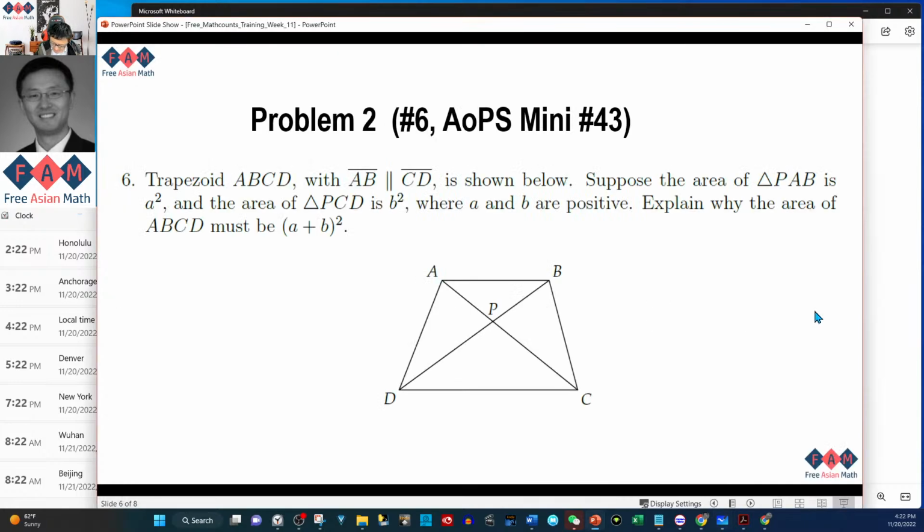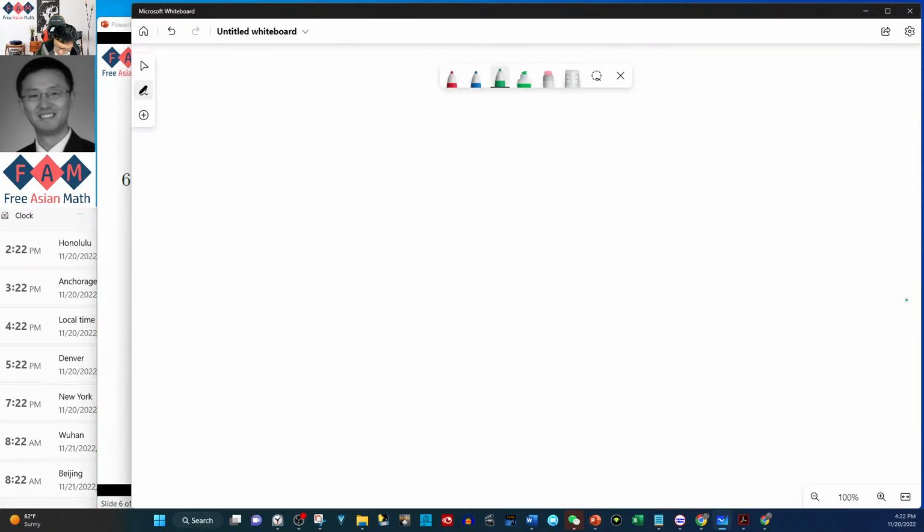Since we don't know the exact values of AB and CD, we only know the area of PAB is A squared and triangle PCD is B squared. If you have really good intuition, this immediately tells you the similarity ratio between the two similar triangles. Why?